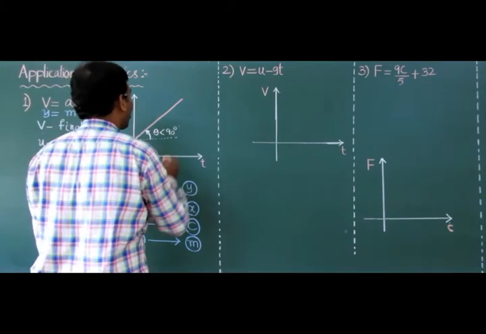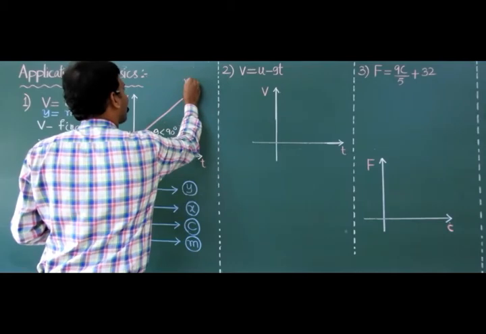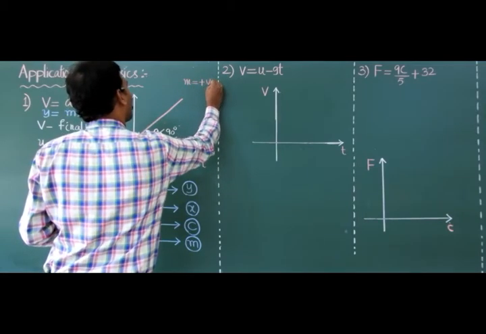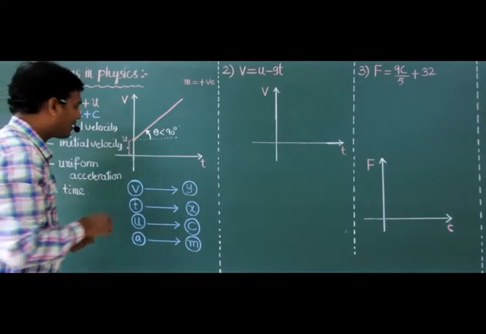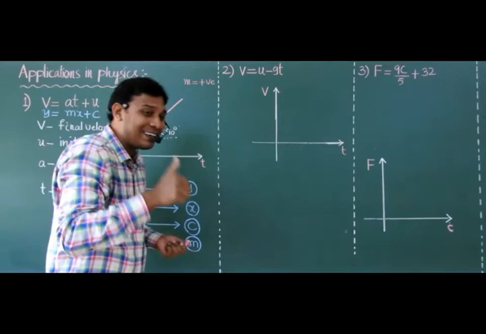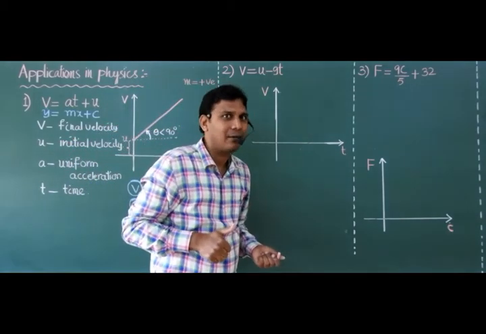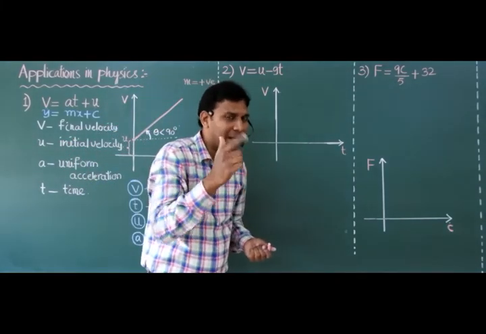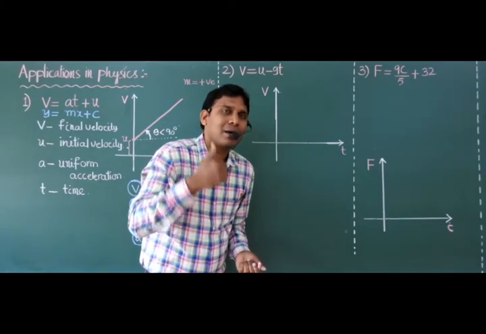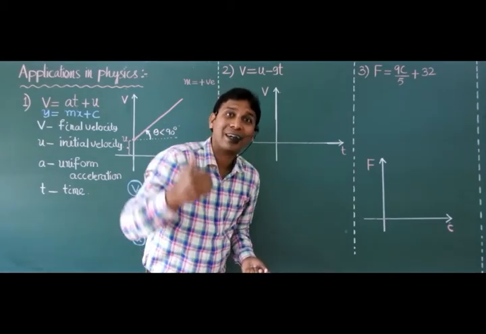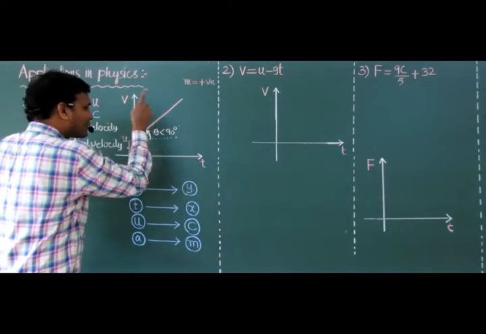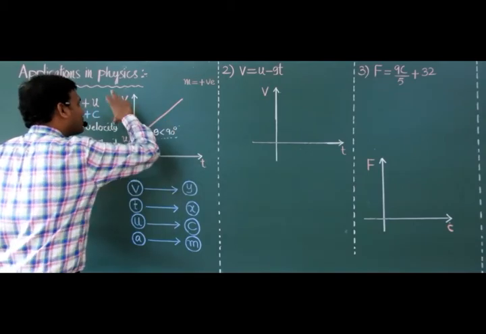Then shall I write like this? Slope positive. Then what does the slope of this graph give? Yesterday we already discussed the logic. Shortcut: slope is y coordinate by x coordinate.